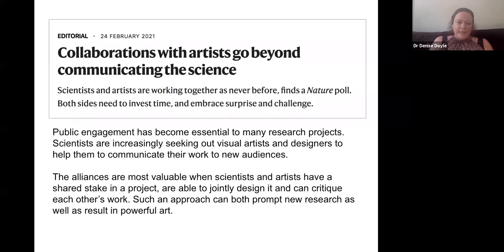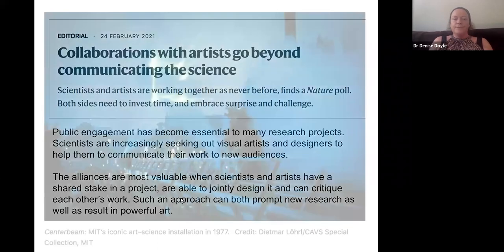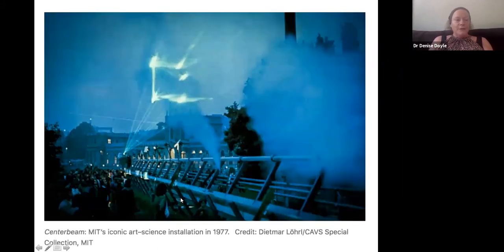And it's interesting that this article also cited the project Centerbeam, which was developed by the then Centre for Advanced Visual Studies at MIT in 1977. And this was set up to explore the role of technology in culture at that time.